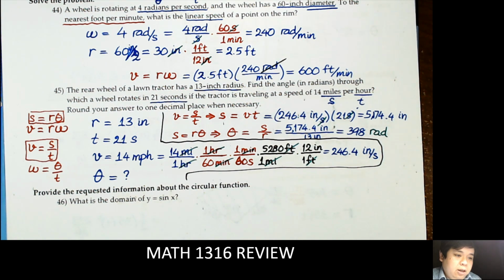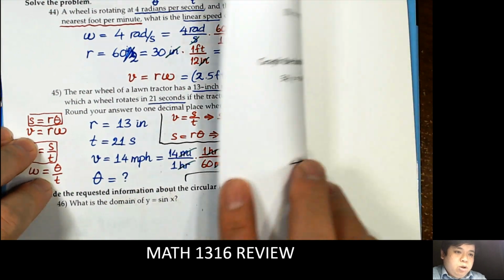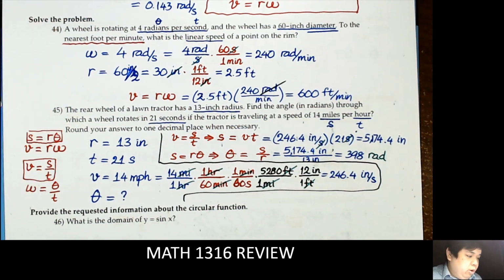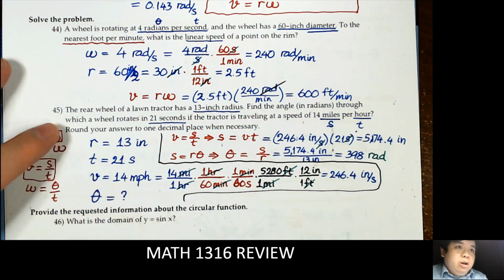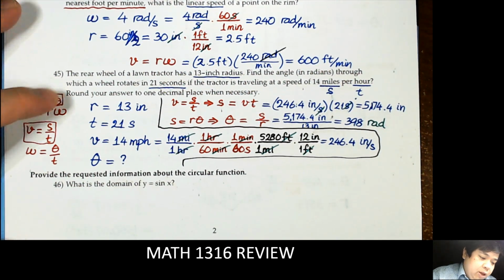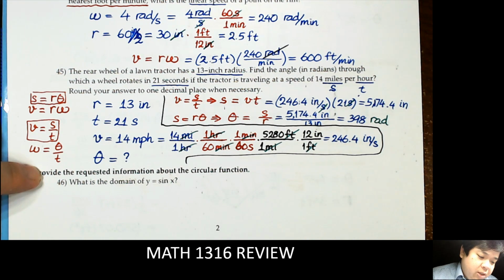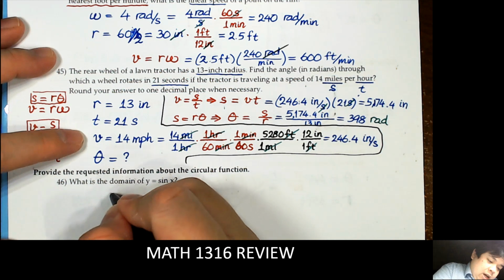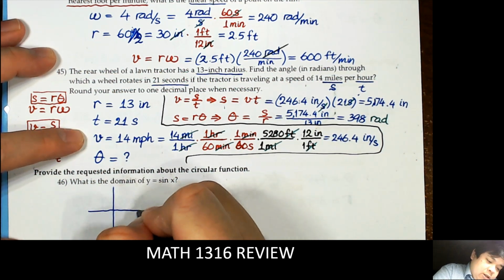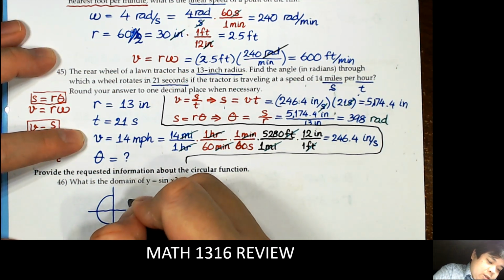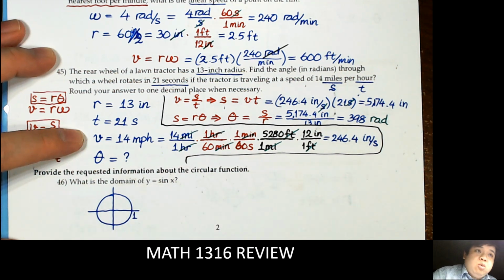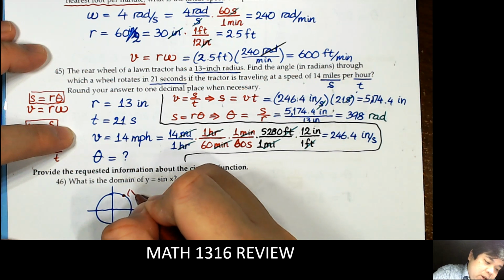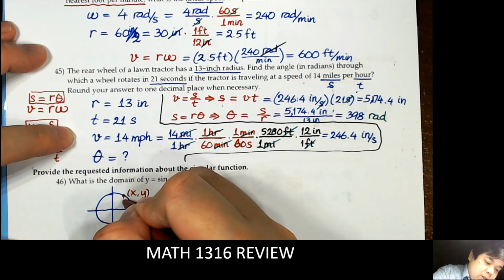So with that, we go to the next part of the review, which will be straightforward: provide the requested information about the circular function. So we have sine. On the unit circle, the radius is 1. Whenever we have a point, there will be an x and y coordinate.